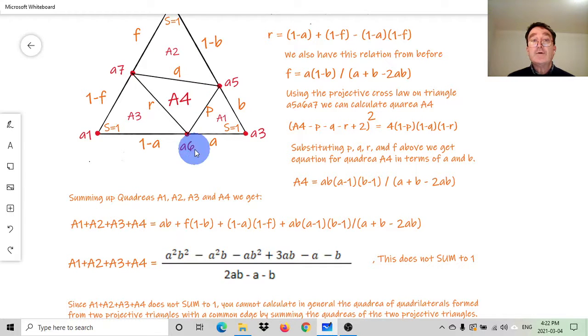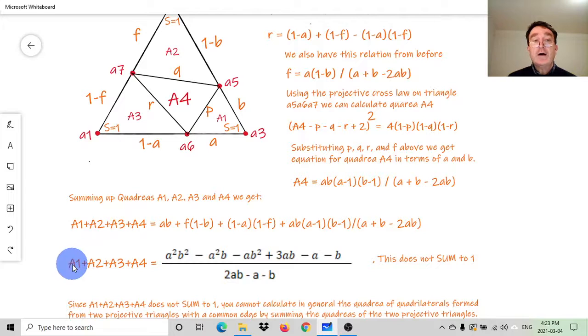And so A1 is going to be A times B times the spread S. So that's just A times B. A2 is going to be F times the spread of 1, which is 1 times 1 minus B. The quadria A3 is going to be 1 minus A times 1 minus F. And the quadria A4 is the result we got right here, AB times A minus 1 times B minus 1, all divided by A plus B minus 2AB.